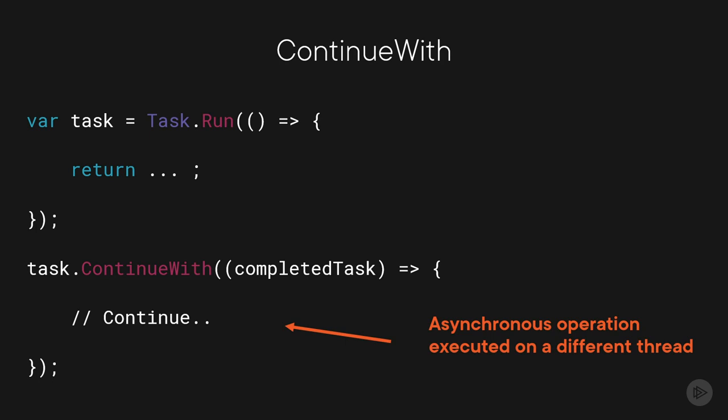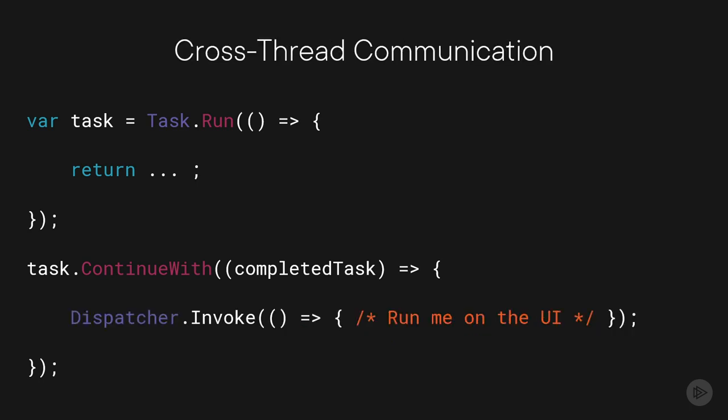For a continuation that executes on a different thread other than the one spawning the operation, you need a way to cross-communicate over different threads in case you want to update the UI. Otherwise, you'll end up having issues and getting exceptions. And that's not really what we want.